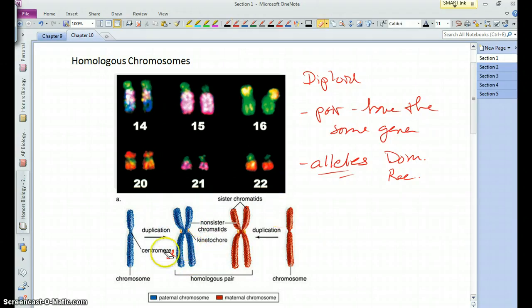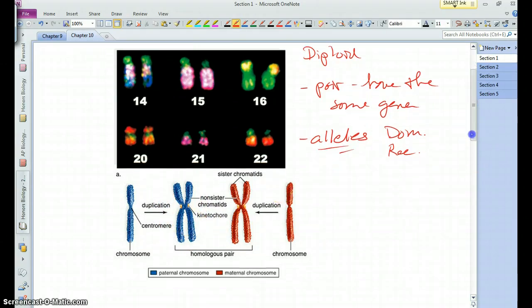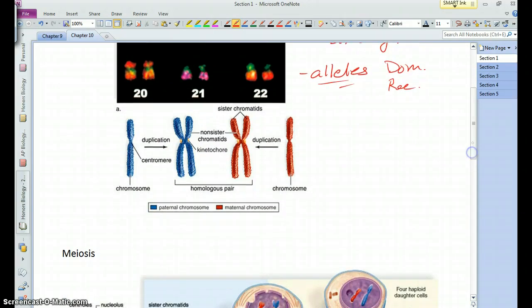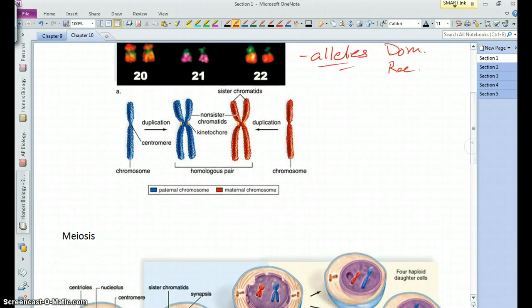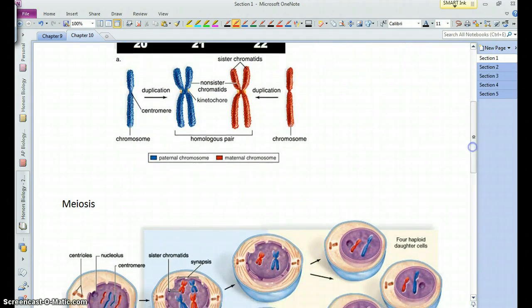Okay, so in mitosis, you'll remember that during metaphase, each of those duplicated chromosomes lined up along the center of the cell.